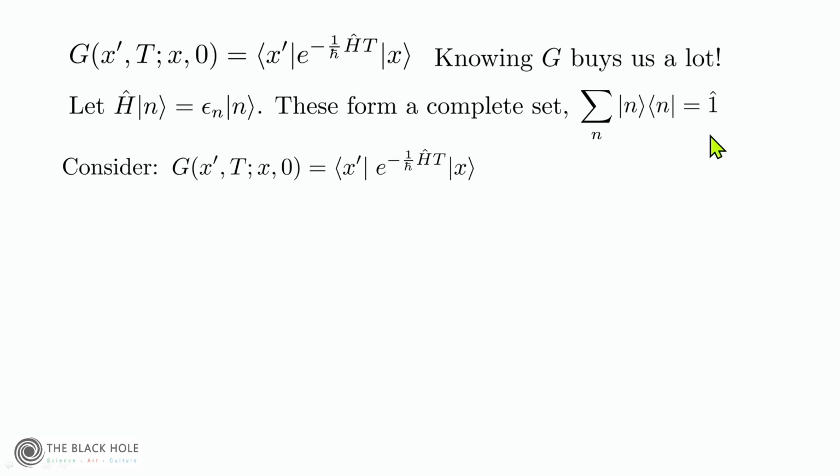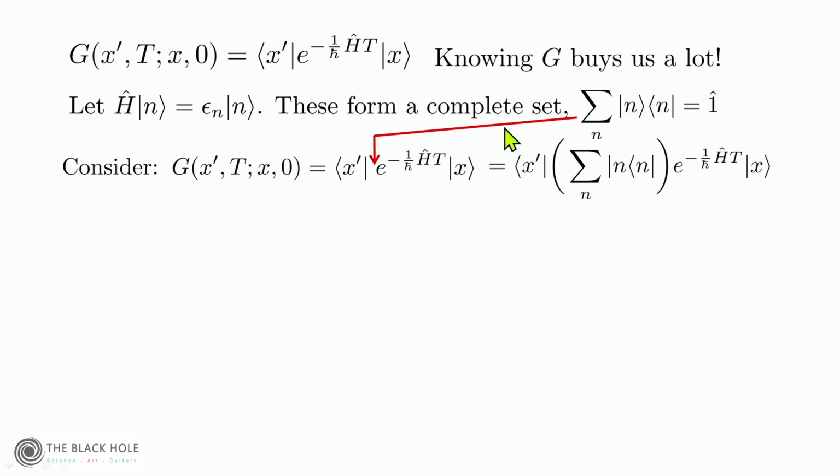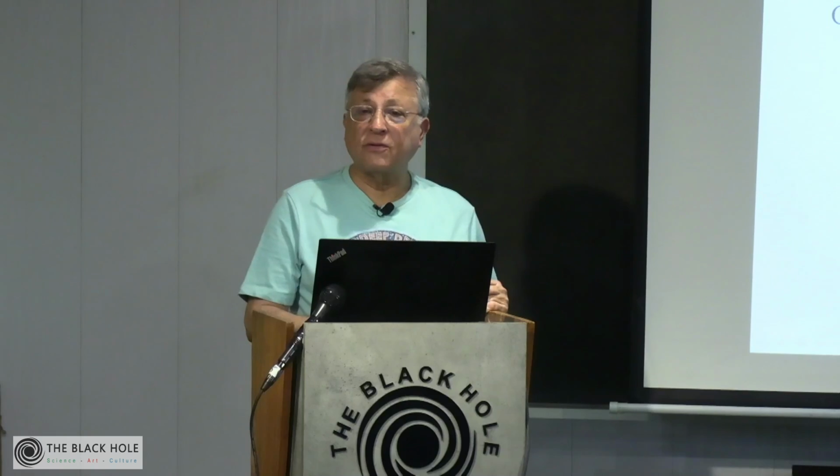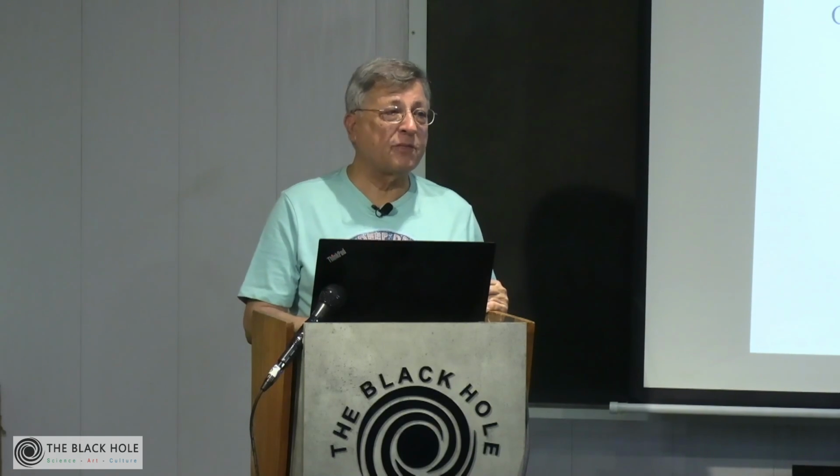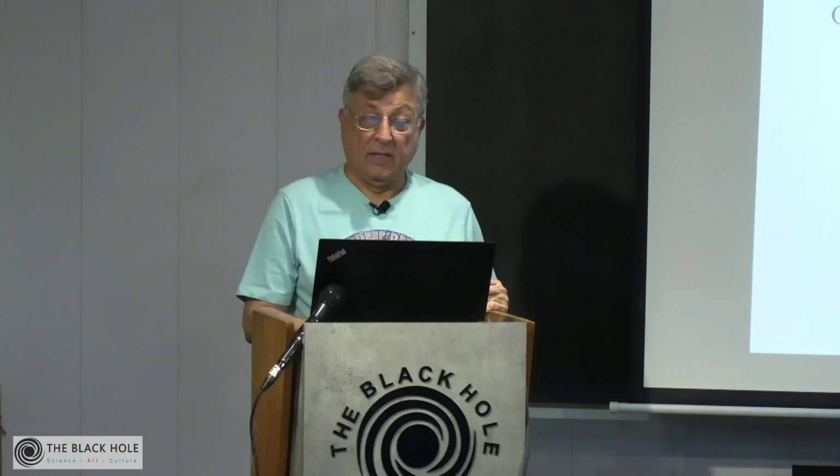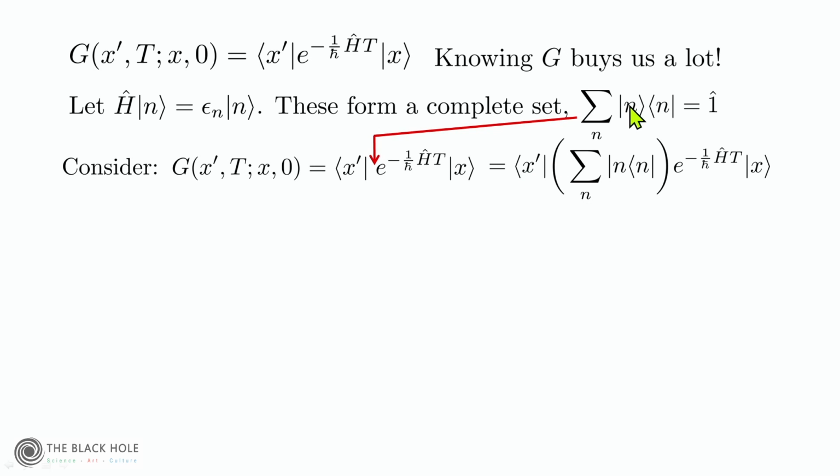So now I'll ask you to look at this. This is the same expression as above. And now I'm going to put a unit operator here. Why? Because I want to. Nobody can stop me from putting 1 anywhere. Well, if I do that, then this n and this x over here will give me the wave function at x prime, phi n of x.